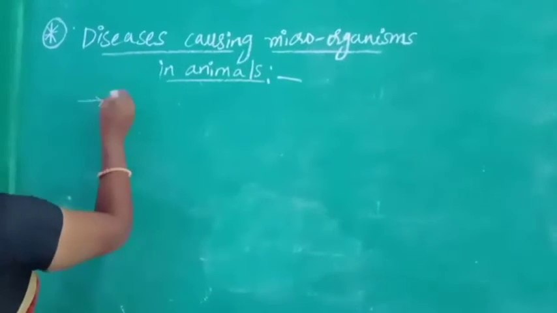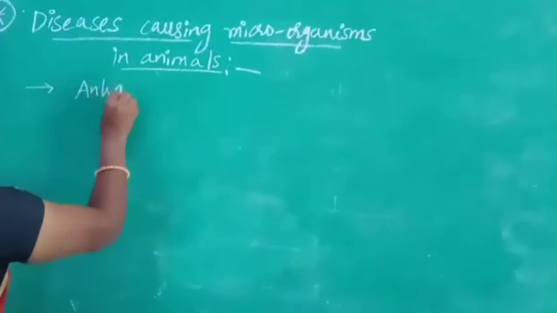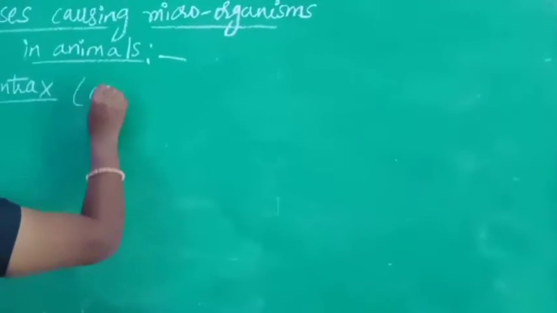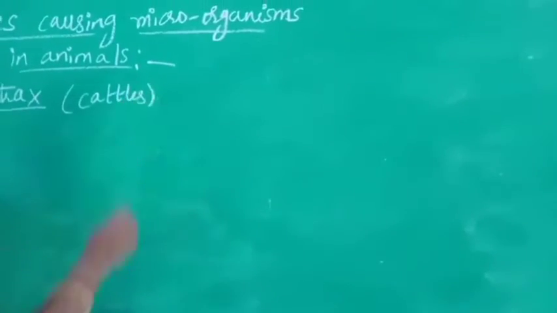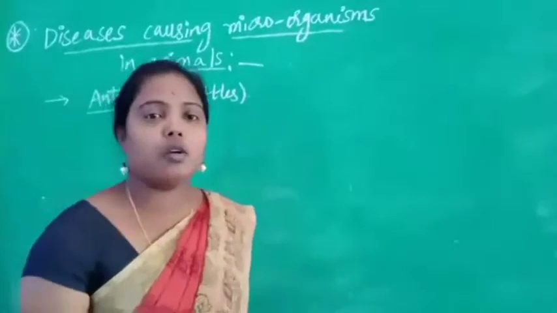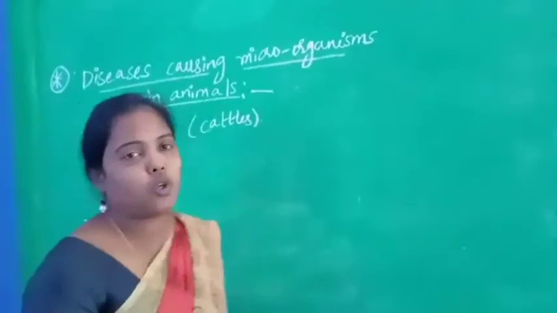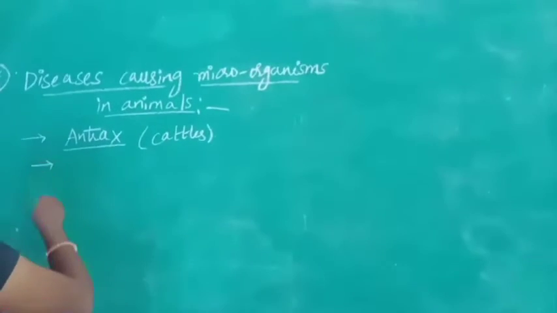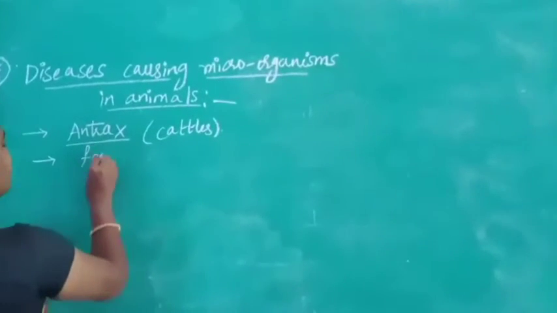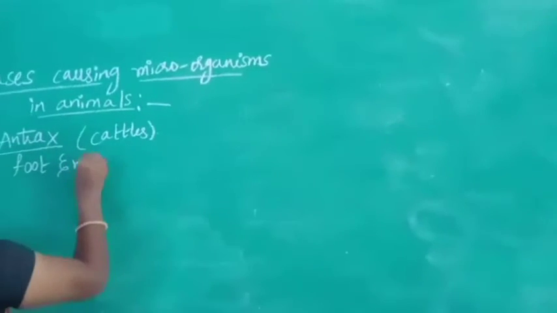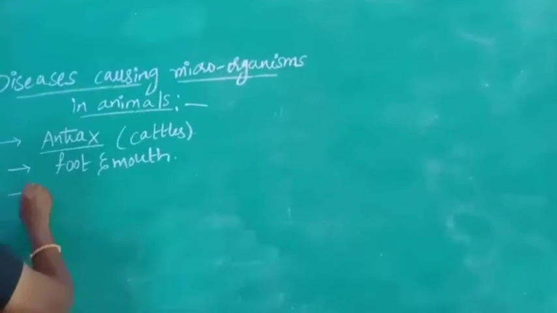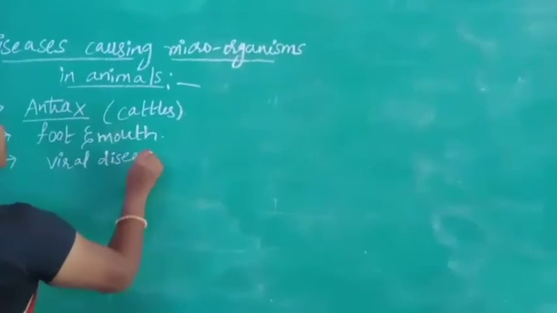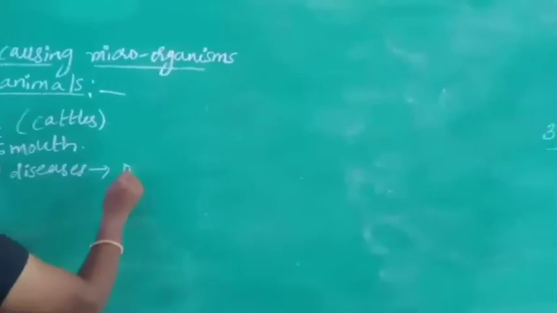For example, anthrax disease, which is present in the cattle. Cattle means what? Goats, sheep, etc. So cattle are affected by anthrax disease, and some animals are affected by foot and mouth disease.